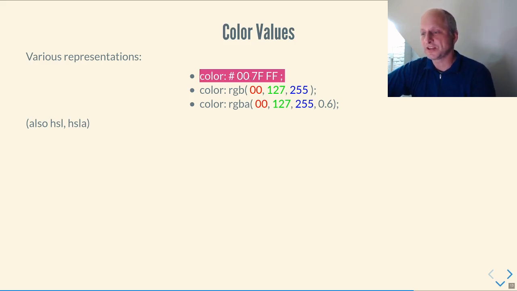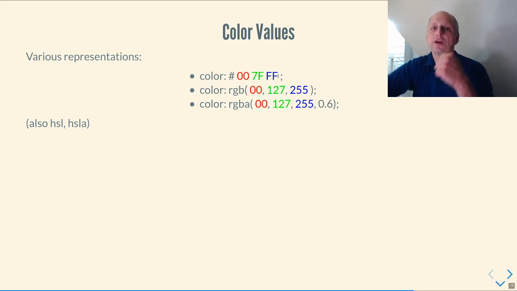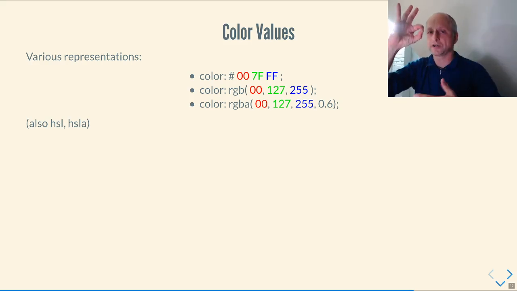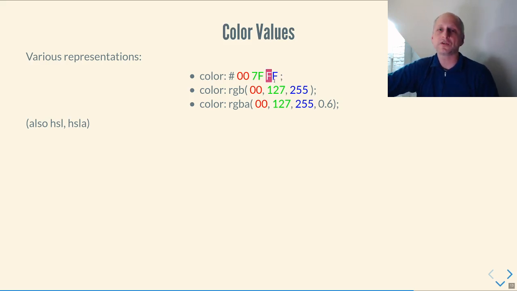So each digit, instead of going from 0 to 9, goes from 0 to F, where F counts for 15. 0, 1, 2, 3, 4, 5, 6, 7, 8, 9, A, B, C, D, E, F, and then back to 0 again. So it's a base 16 number. It's 2 digits, so it has a total of 16 times 16 values, which is 256 values. In the same way, this goes from 0 to 255.